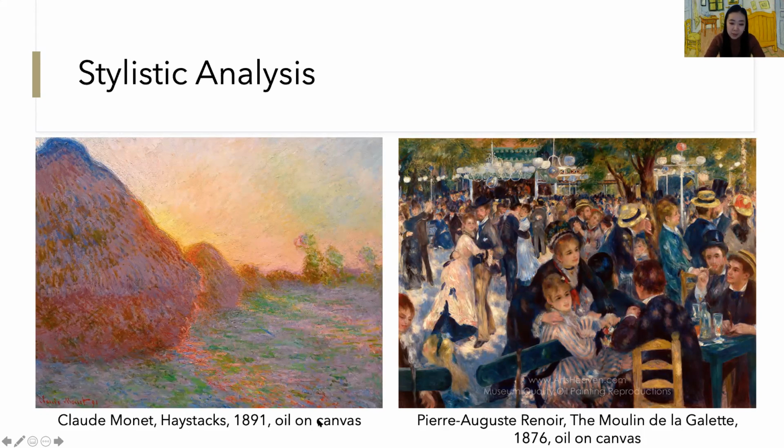So these are Impressionist artists' paintings in the 19th century. Impressionism is a 19th century art movement characterized by relatively small, thin, yet visible brush strokes like this. So both paintings have the brush strokes, and open composition, emphasis on accurate depiction of light.